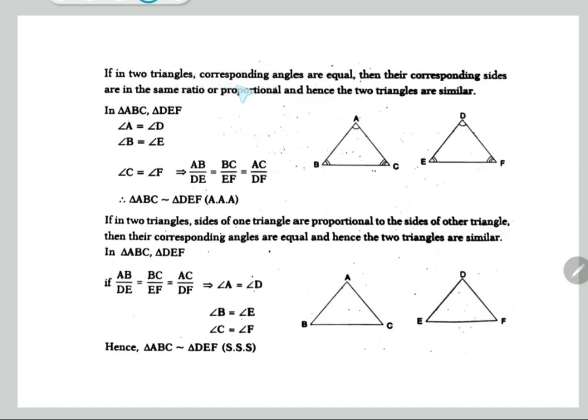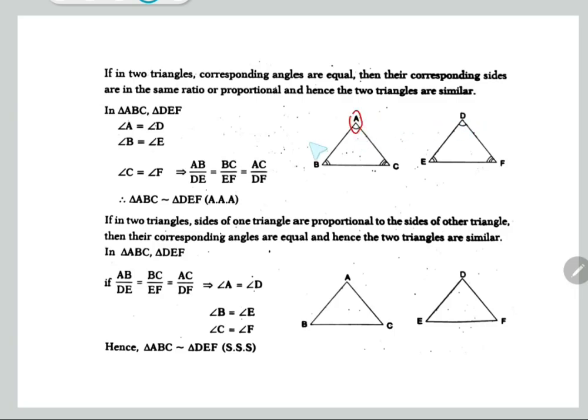If in two triangles corresponding angles are equal, for example angle A equal to angle D, angle B equal to angle E, angle C equal to angle F, then their corresponding sides are in the same ratio, are proportional, and hence the two triangles are similar.